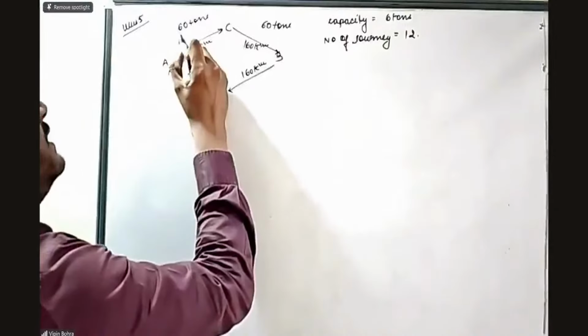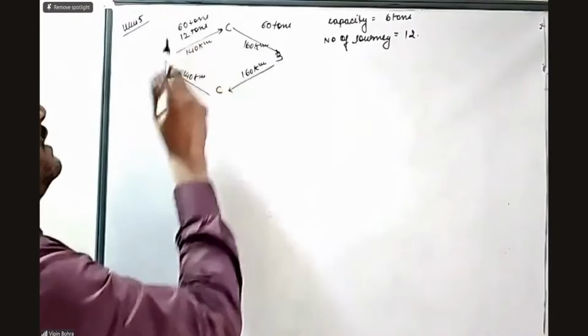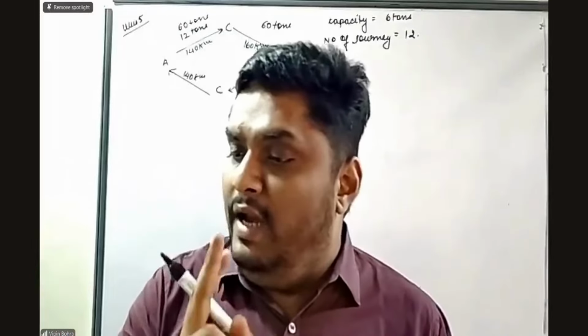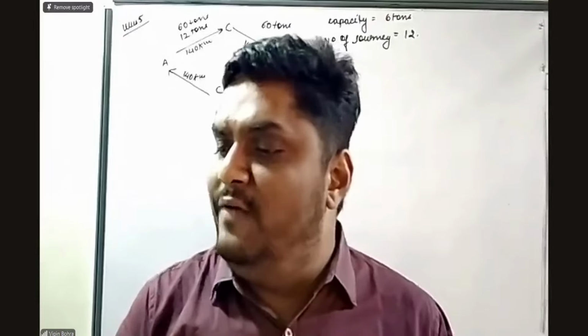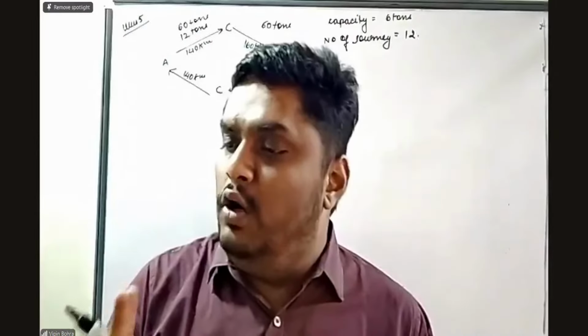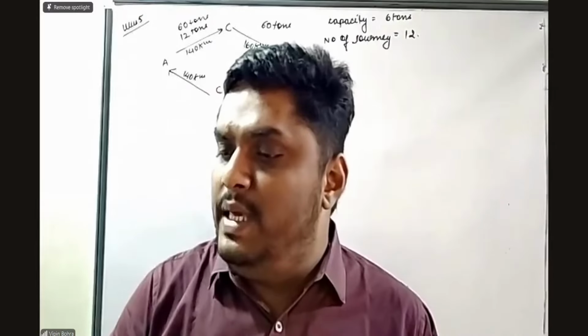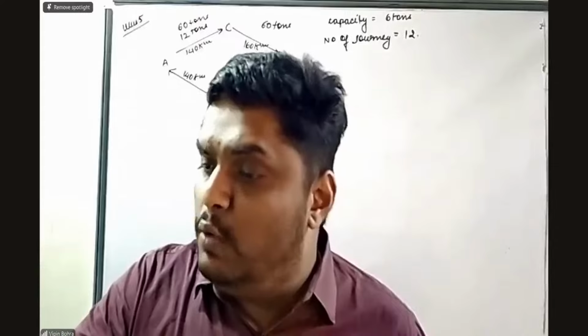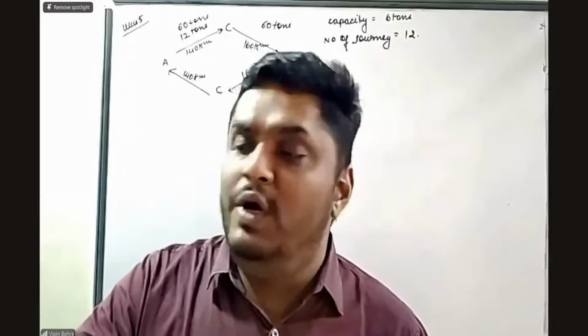So it means 12 tons were transported from A to C, 2 times 6 tons. And from C to B, 2 times only 4 tons. So in 2 journeys, they unloaded twice at city C. A to C 2 times 6 tons, but from C to B, they carried for 2 times only 4 tons.